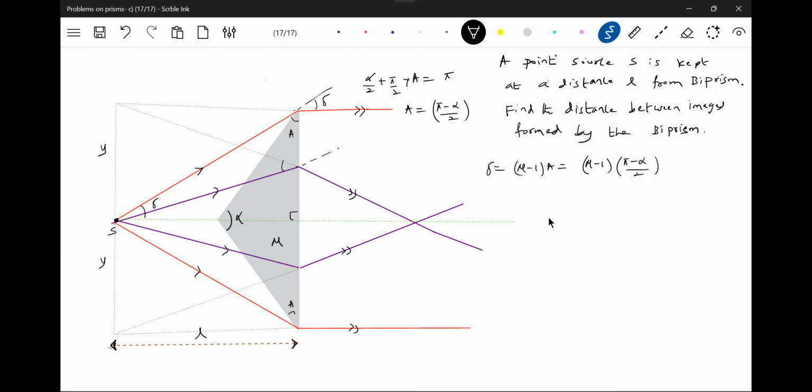So what is tan delta here? The delta will be altogether this: this is y, this is L, this is delta. So tan delta equals y by L, or delta equals y by L. So y by L is equal to mu minus 1 times the angle of prism.